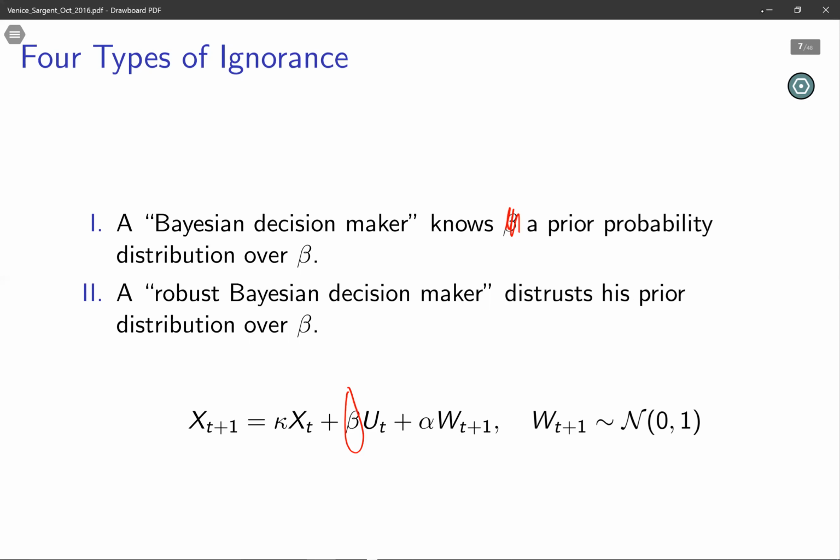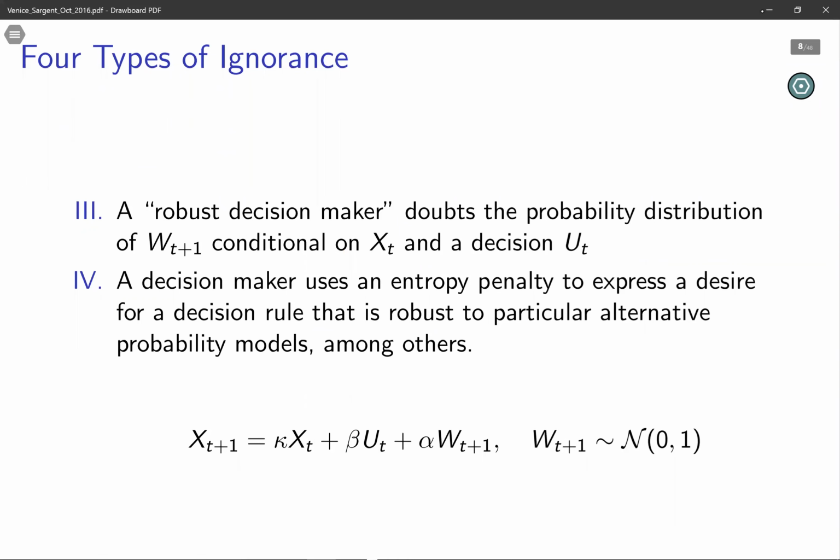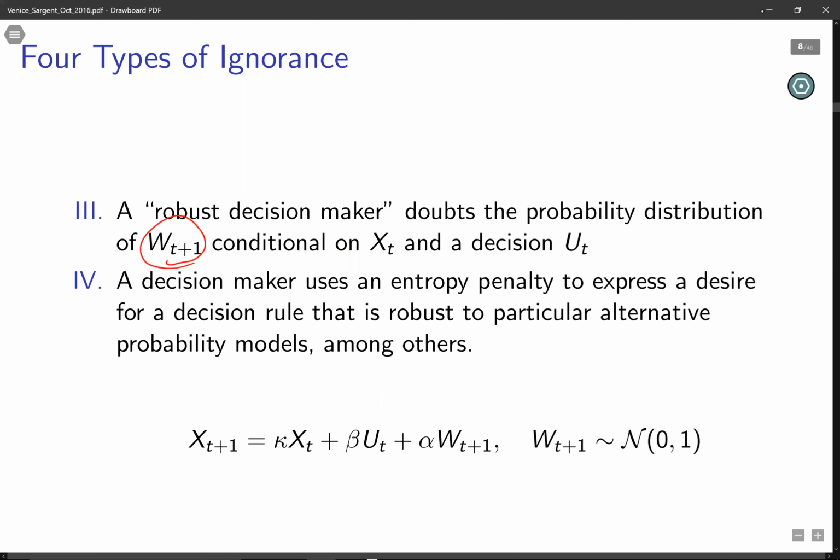about those effects. The third type of decision maker is a so-called robust decision maker who doubts this whole structure of the model. He doubts the conditional probability distribution of W, conditioned on the history.